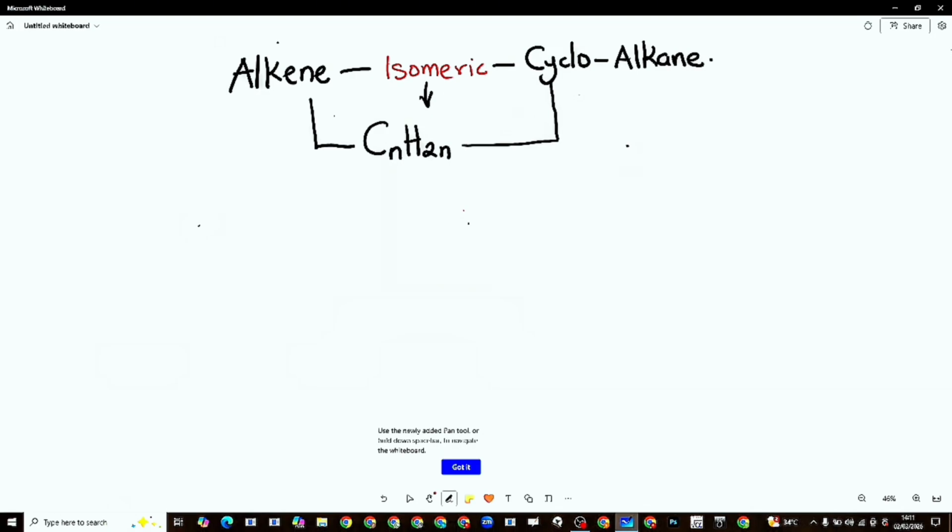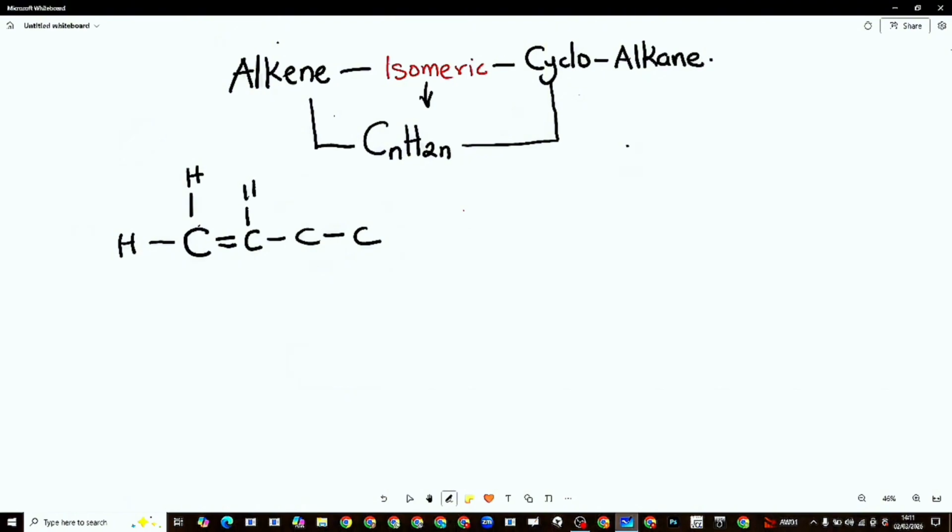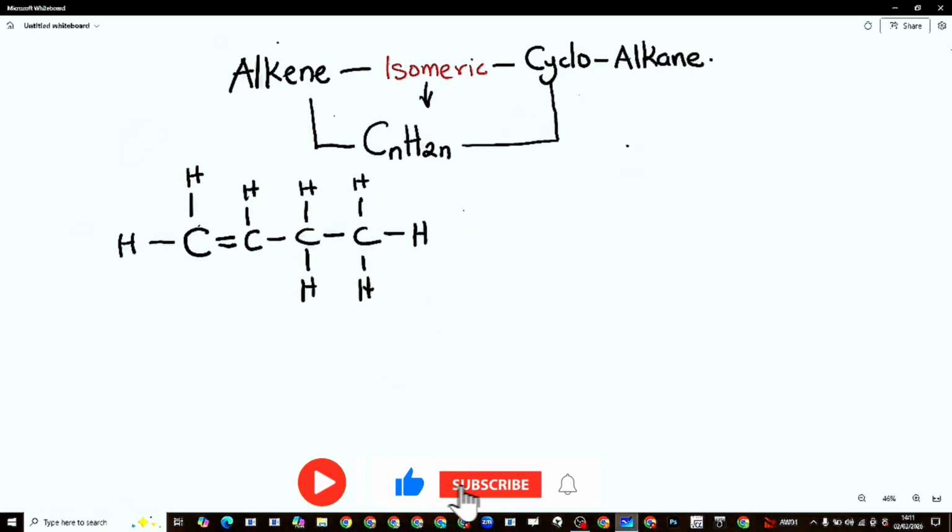So if you take the butene for instance, we said that the butene is C double bond C and C, with hydrogens attached. This is the structural formula for the butene, and we say it is C4H8, right?